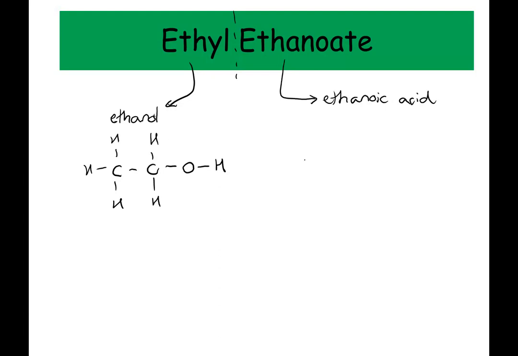And then ethanoic acid, C, double bond O, OH. It's ethanoic, so 2 carbons altogether. And then this carbon on the right needs 4 bonds, so I'm going to complete it with hydrogens. Okay, so that's my ethanol and my ethanoic acid, and I'm going to add those 2 things together.